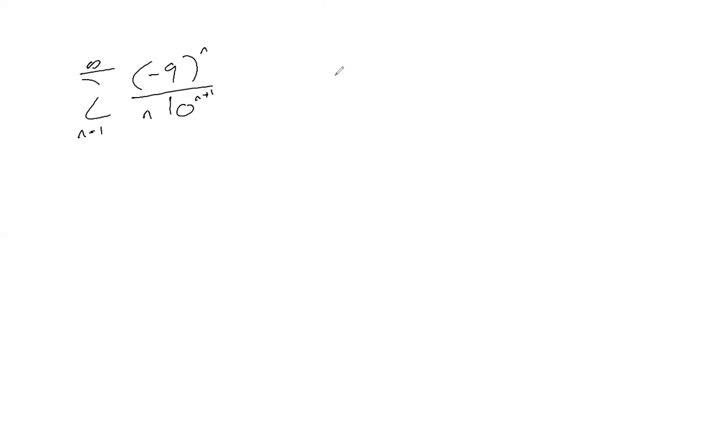So trying the ratio test, I need to find out what an plus 1 over an is. Let's see, since it's absolute values, I can ignore this negative sign here. Let's see, an plus 1 would be 9 to the n plus 1 over n plus 1 times 10 to the n plus 2, right? Because I already have n plus 1 here. I replace n with n plus 1, and I get n plus 2.